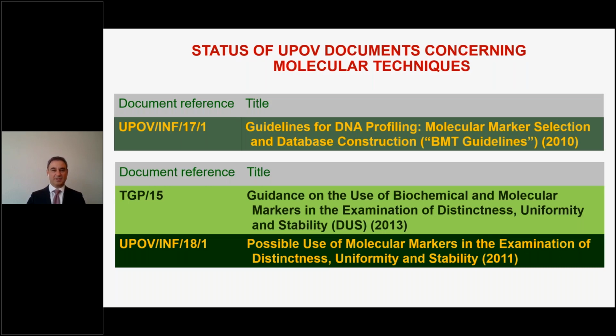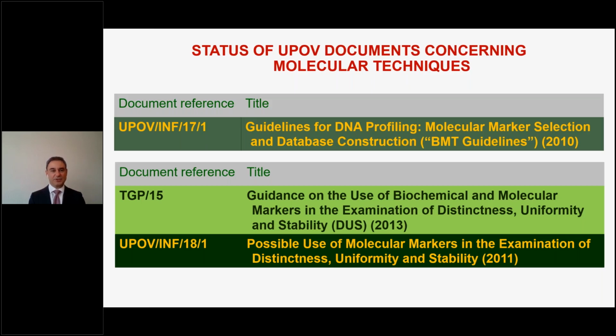UPOV guidance on the use of molecular marker techniques is divided in 3 documents. 2 of these documents are information documents. One of these documents is actual guidance on how to use molecular markers in DOS examination. The first document, Information Document 17, provides basic guidelines for constituting databases.